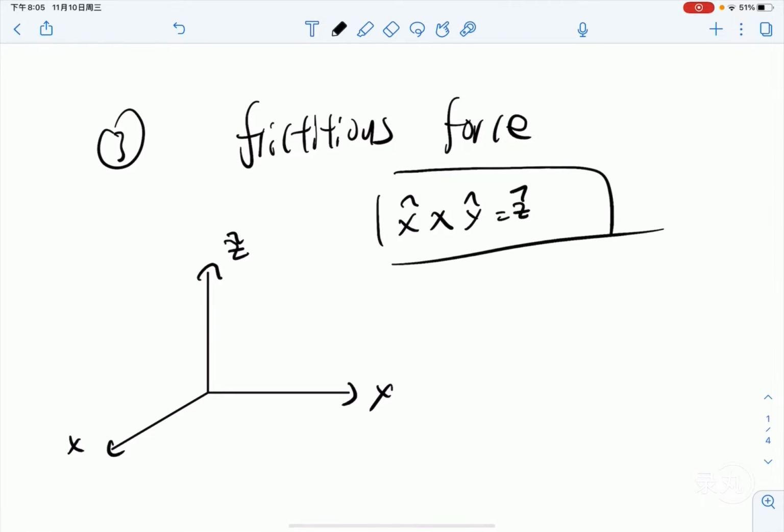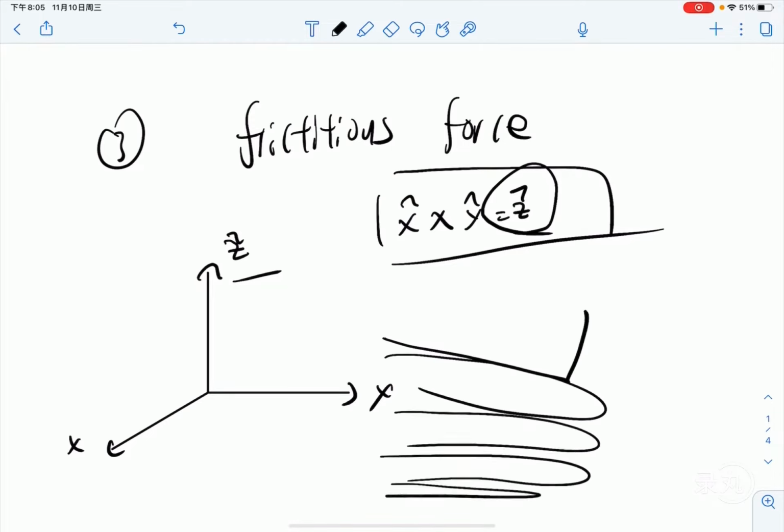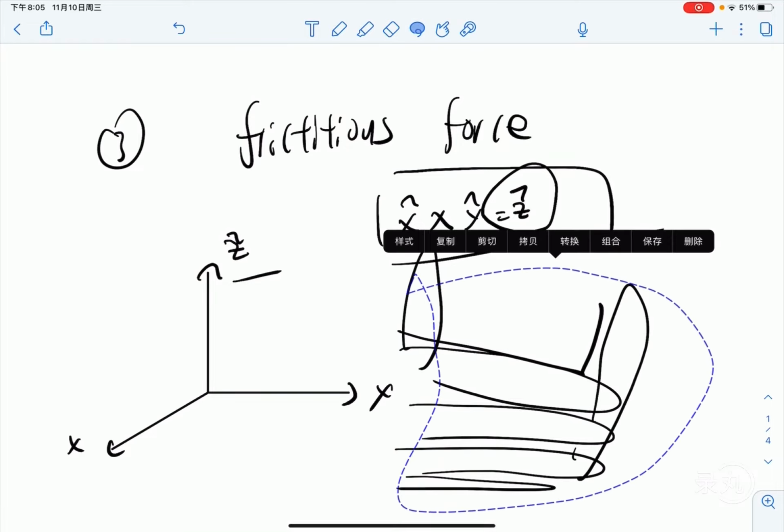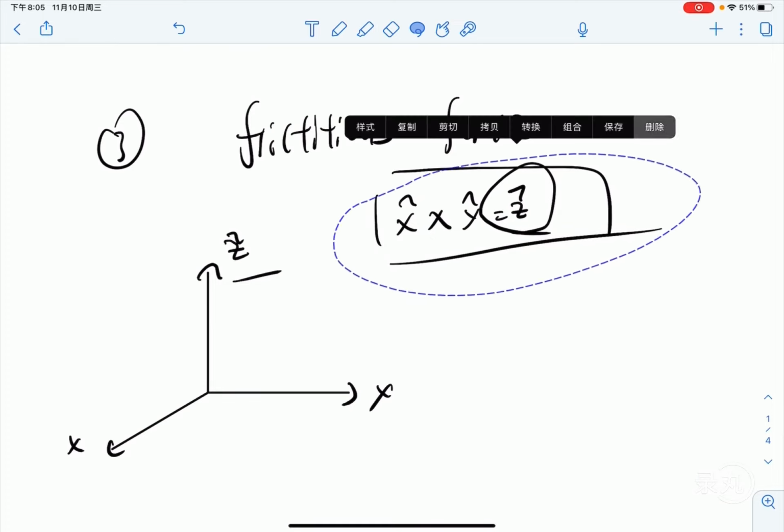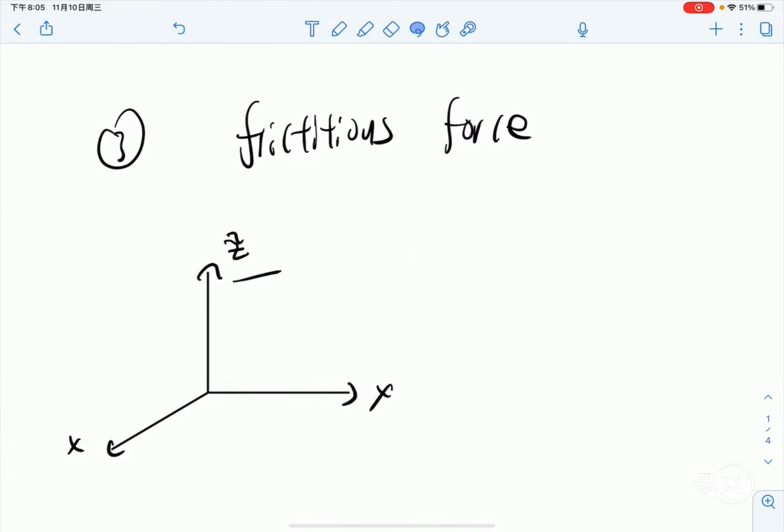It is like we define it. The direction of z is equal to x cross y, which is your four fingers bending outward, and here's the direction of the thumb. Okay, let me copy this.